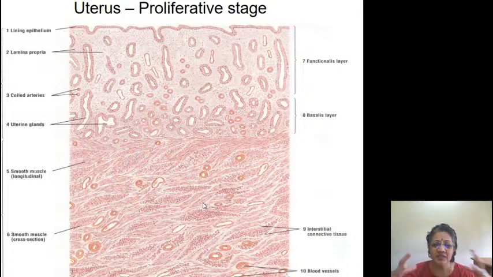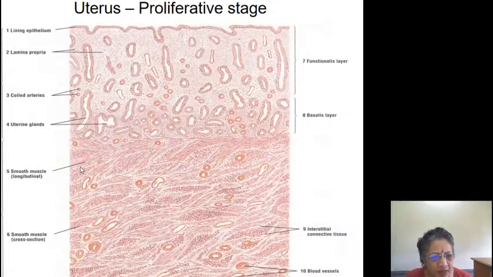After pregnancy, it becomes a little more three-way, in the sense it is obliquely cut in all directions. But before the first pregnancy, it more or less follows an inner circular, outer longitudinal layer. The smooth muscle is cut in LS here, and in TS here, cross-sectional, because these are longitudinal bundles and these are circular bundles.